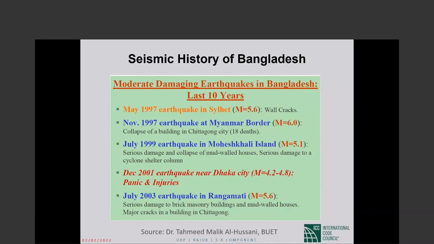On November 26th of 2021, the other day, there was a significant earthquake at the Bangladesh-Burma border, magnitude 6.1. I know it was felt in Dhaka. I had no way of adding it to this table, so I kind of left it out. So the list definitely has not stopped.